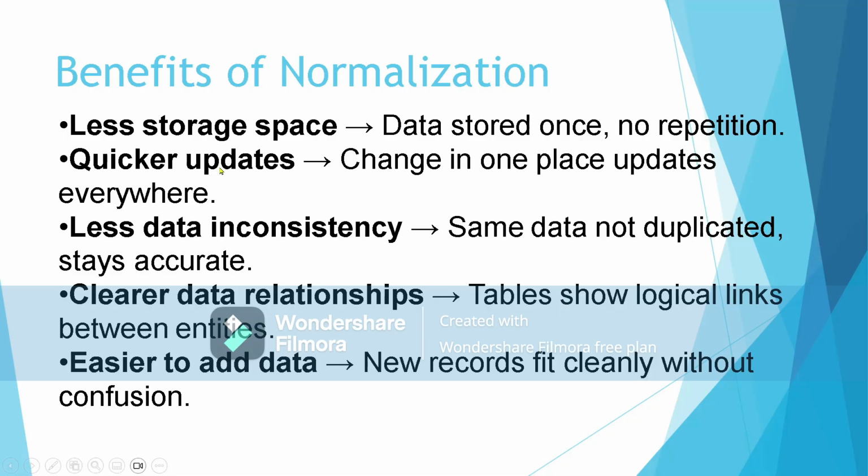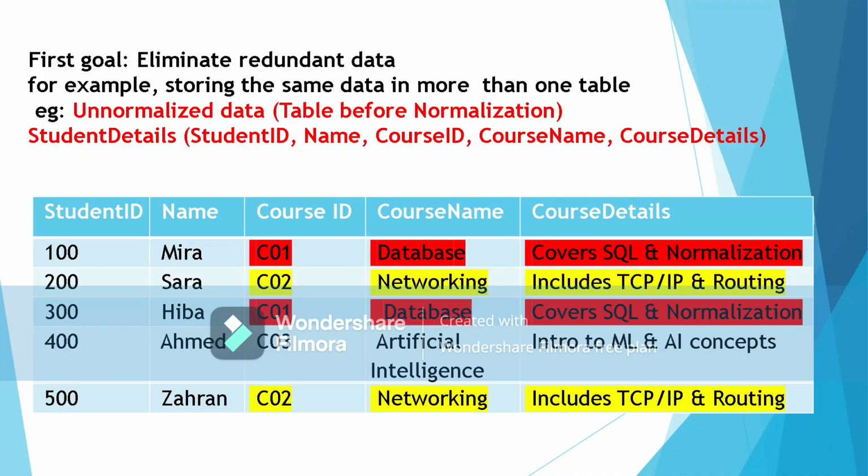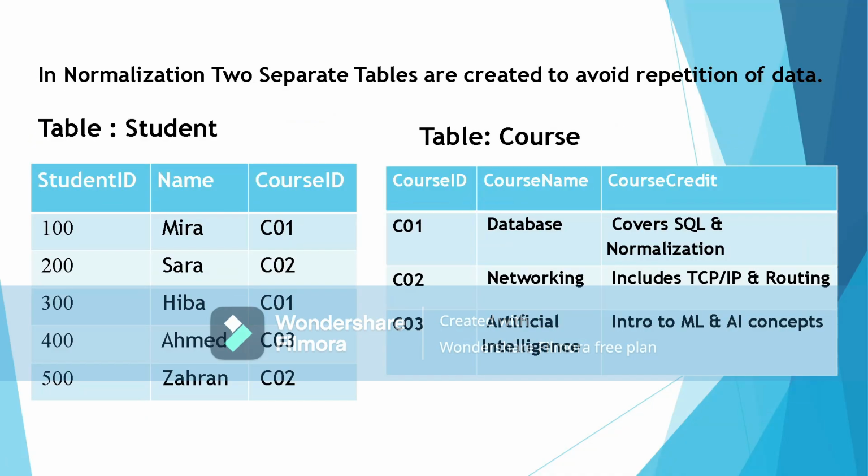Next is quicker updates. Now you can see here, if I use the normalized data, I want to update the course name from database to database management system. If I make the change only once here, it will reflect to all the records given in the student table.